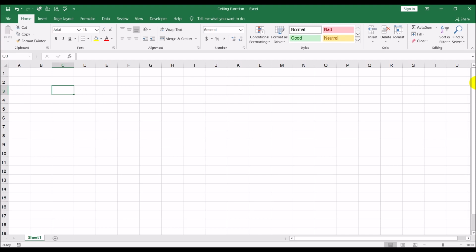If the number is negative and the significance is positive, the number is rounded up towards 0. And if the number is positive and the significance is positive, the number is rounded up to the next multiple of the significance.